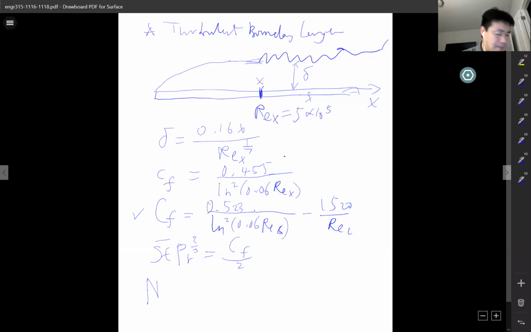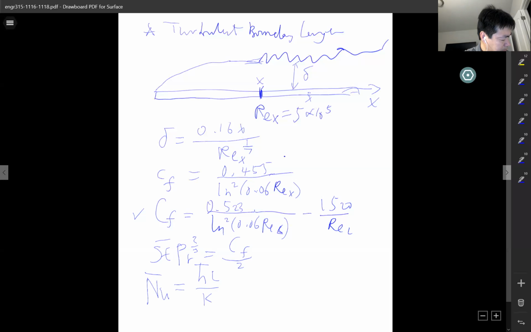So the Nusselt number is equation 5.85. Average Nusselt number equals, by the way, here I'm emphasizing the average values. The fluid mechanics of turbulent flow is very complicated and chaotic, and you don't have an analytical solution. But for engineering applications, the overall characteristic is what we're interested in. So the average Nusselt number, which is average h times L over k, that's the relation between Nusselt number and the heat transfer coefficient.